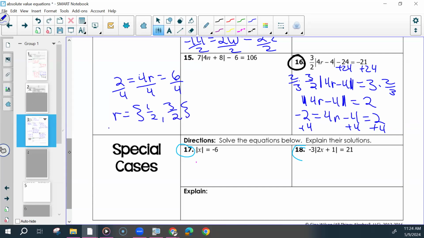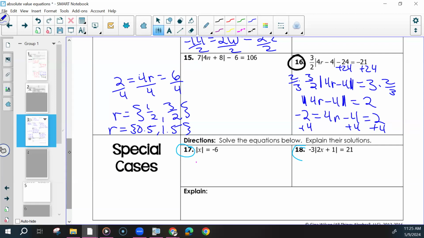Or if you wanted to leave them as decimals, 0.5 and 1.5 would also work. Do you have any questions on how we solve absolute value equations?